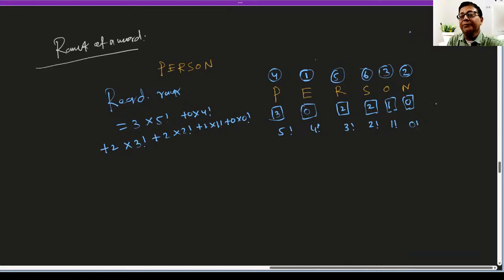Since PERSON's rank you are finding, at the end you will put plus 1.